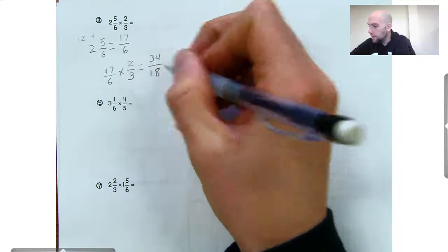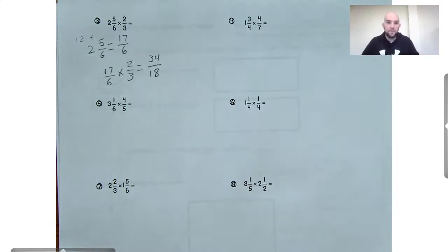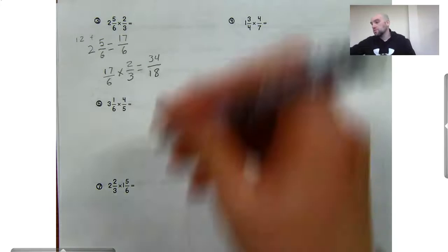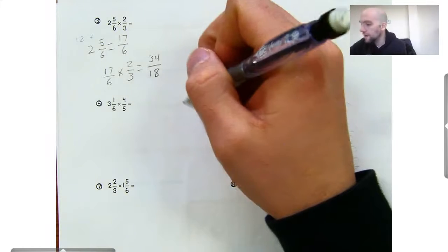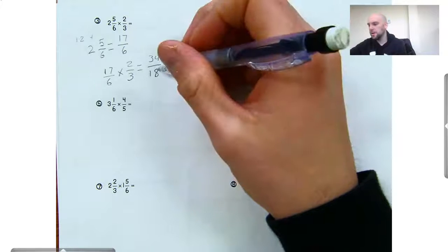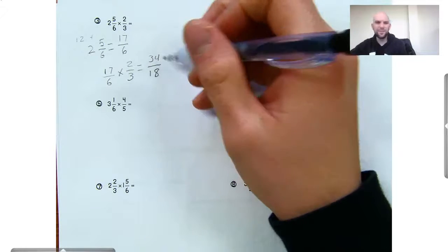And look, we do have an improper fraction here. So really quickly, I'm going to look and see, okay, 18, I can take 18 away from 34 and make it 18 eighteenths. And then I can subtract 34 minus 18 and I have my remainder. But can I put 2 18s into 34?